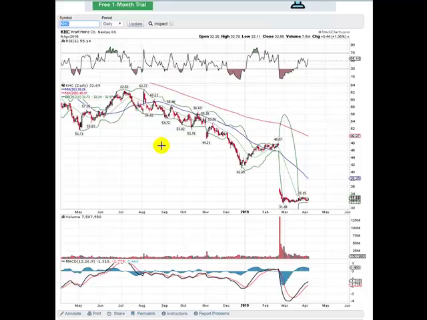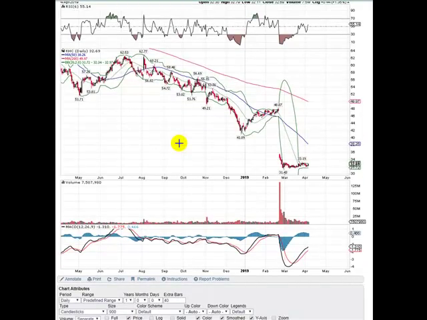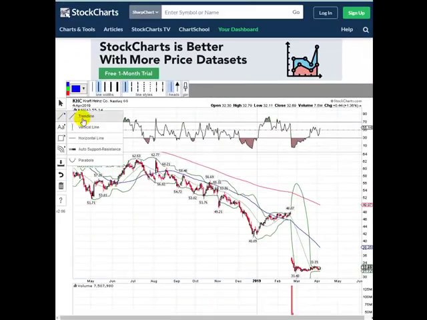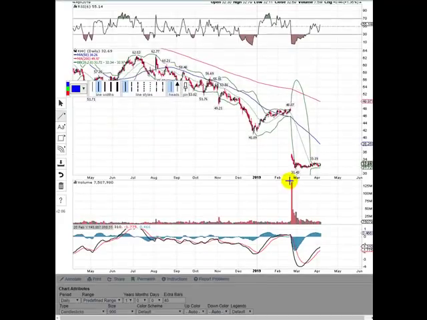KHC has been consolidating here in these lows, but the bullish signs that I'm seeing are, one, here's the biggie. Here's your massive selling volume that's dropped off the map, which is good. Makes it easier for buyers to take back control.